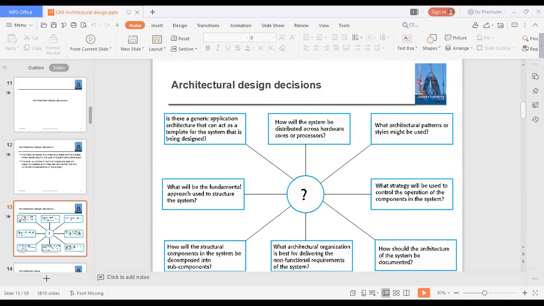Is there a generic application architecture that can act as a template for the system that is being designed? Perhaps there is such a design or a system already built, a design lying around as a template. Can we use it or not, that is the question to raise. We have to check whether we have something lying around that we can reuse. So guys, these are the decisions.